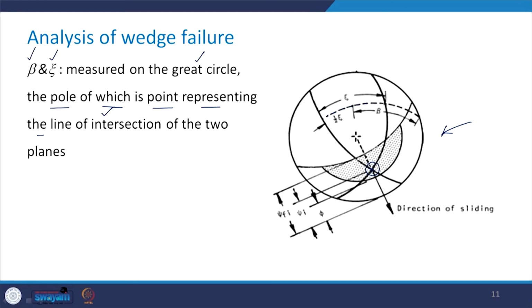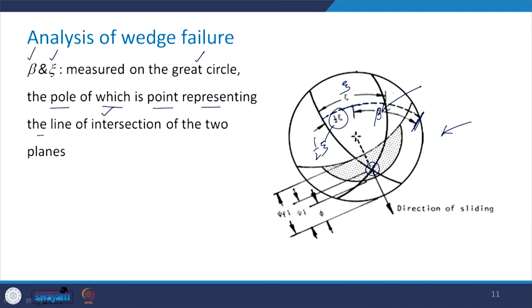You know how to determine this. Once we get this great circle, from this point to this angle bisector, this angle is going to be angle beta. And how will you find this angle bisector? Along this great circle, you measure the angular distance which is zeta, and half of that is this half of zeta, and the remaining portion with this is going to be the angle beta.